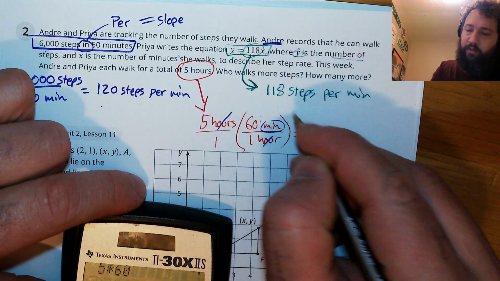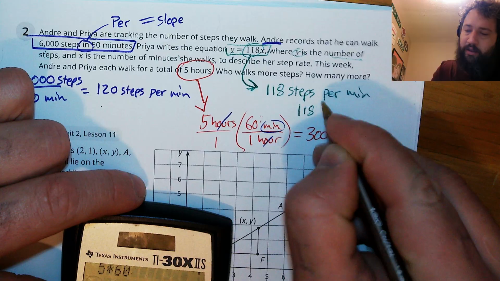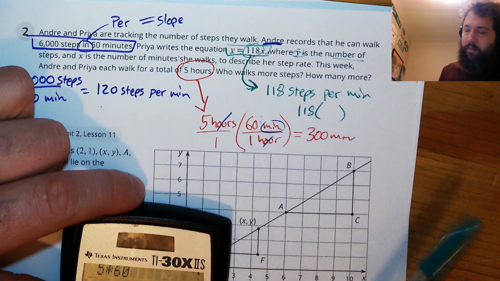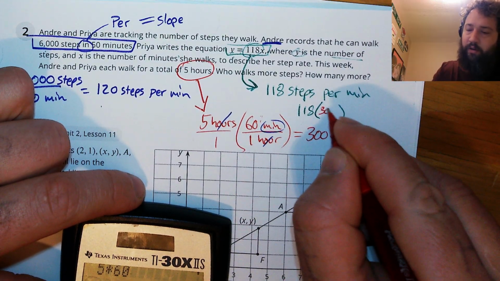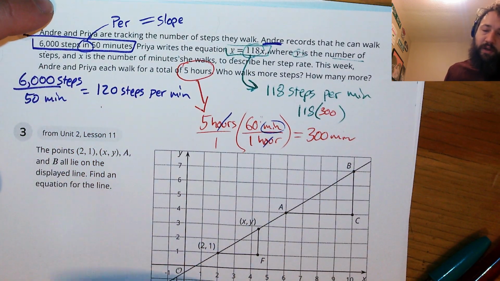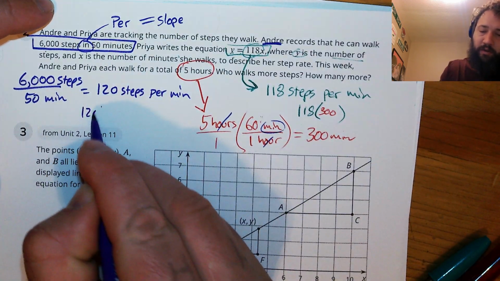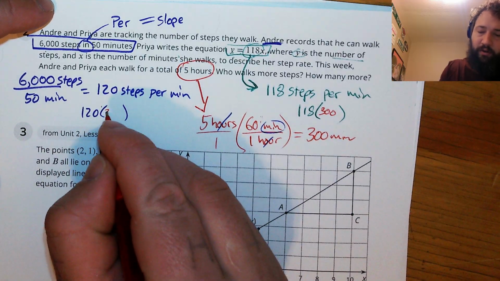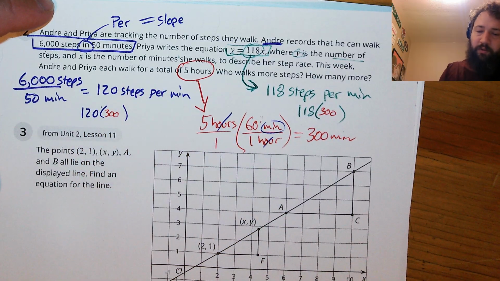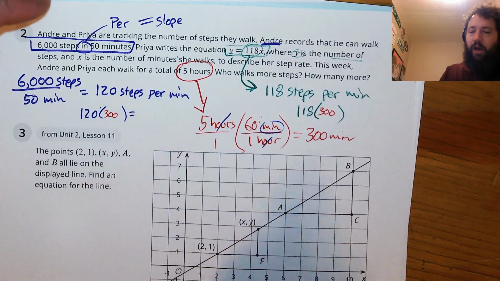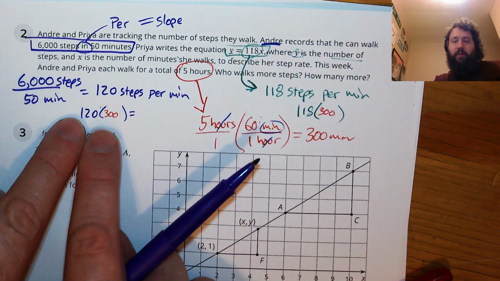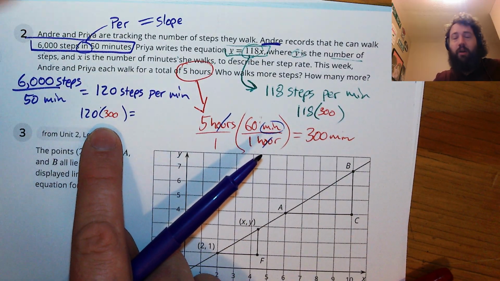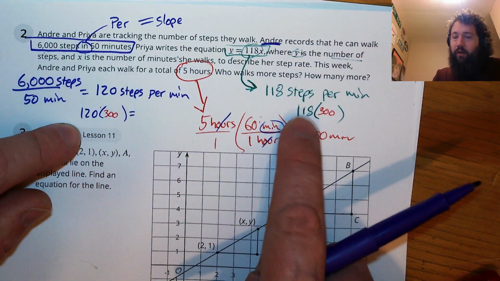This would be 118 times my 300 versus my 120 times that 300. I obviously know that this person's going to walk farther because they have a 120 to the 118.